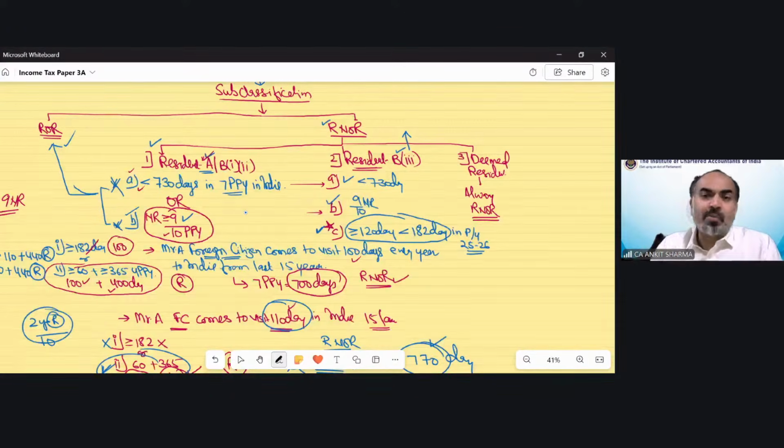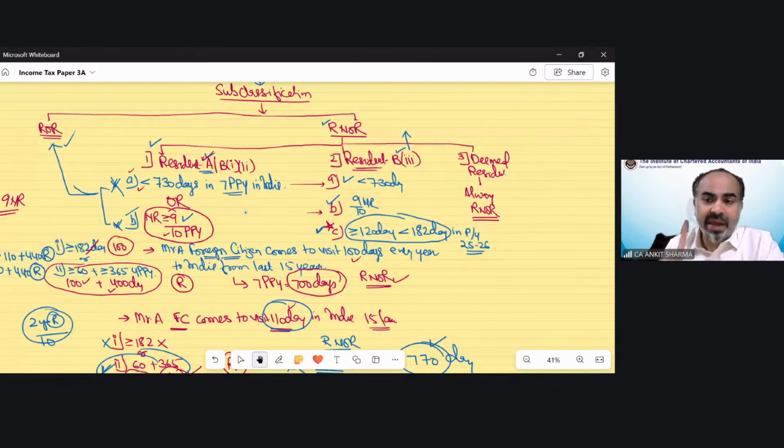So this is a new point for that category, the B category third person. If he satisfies this condition, then also he or she will be treated as resident and not ordinary resident. I hope it's clear right now. So we have completed the provisions of becoming a non-resident, resident and ordinary resident, and resident and not ordinary resident.